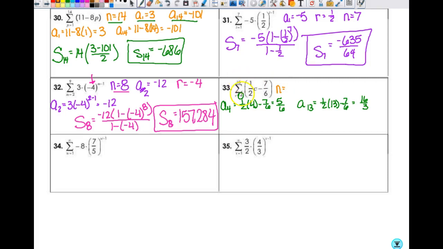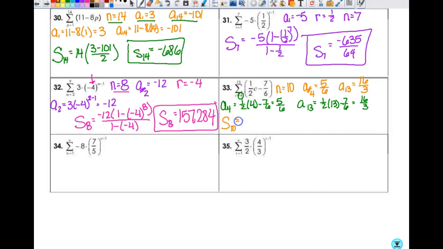I have to do 13 minus 4, which is 9, plus 1, which gives me 10. The A1 that I need is actually A4, because that's the first term, and it is 5/6. The last term is A13, and that is 16/3. So when I use the arithmetic series, it's the sum of 10 terms, but it's not the first 10 terms.